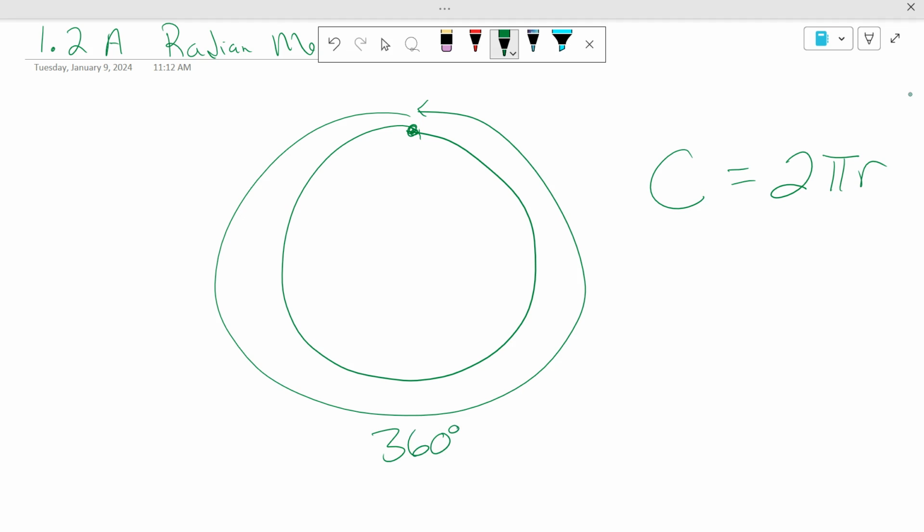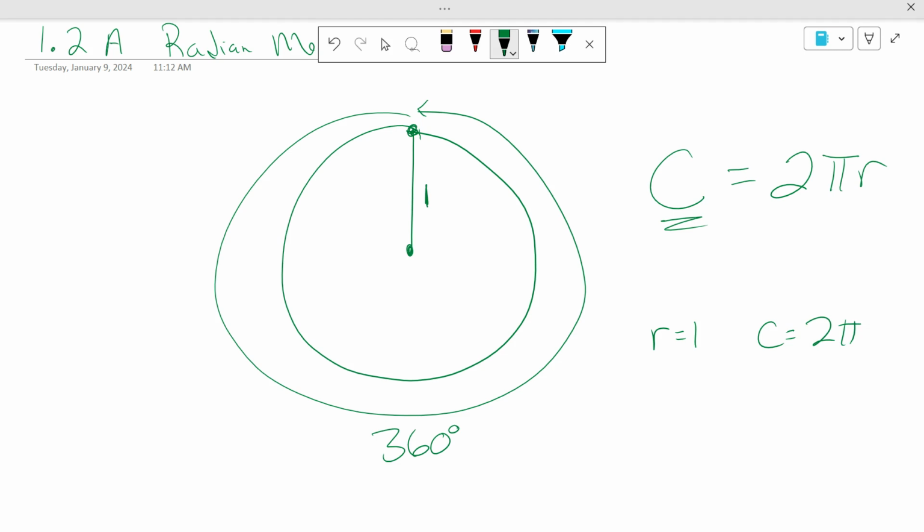Now, let's say the radius of this circle is 1. Okay, what would the circumference of the circle be if the radius is 1? You don't need your calculator. 2 pi. Okay, so if the radius equals 1, the circumference equals 2 pi.